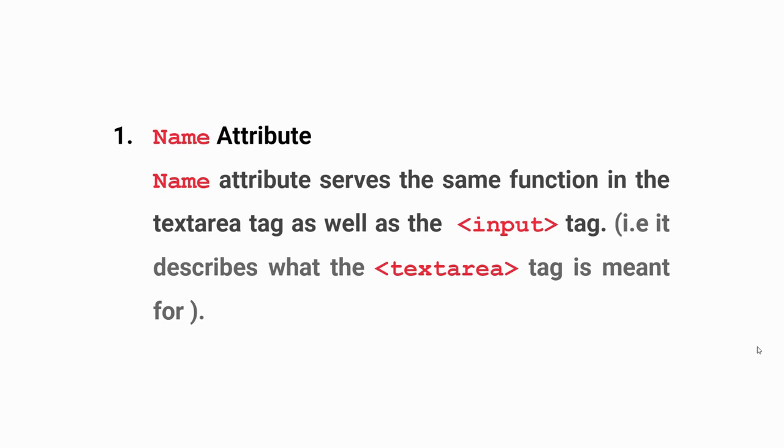And they both have the name attribute which describes the tag, that's from the developer's end and not from the person who is to use it on the web browser. So it describes what the textarea tag is meant for. Just the same way the name attribute describes the input tag to the developer, the person who coded that tag, that's also the same function it serves here in the textarea tag. So we'll move on to the next tag.